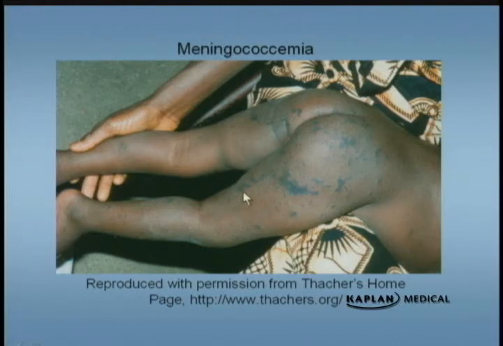Now, again, keep in mind that other organisms can do this, but for exam purposes, when they describe a purpura fulminans type picture, then meningococcus should go straight to the top of your differential diagnosis. And these are all the purpuric lesions that occur because of coagulation disorders that occur with meningococcus as part of the inflammatory response.